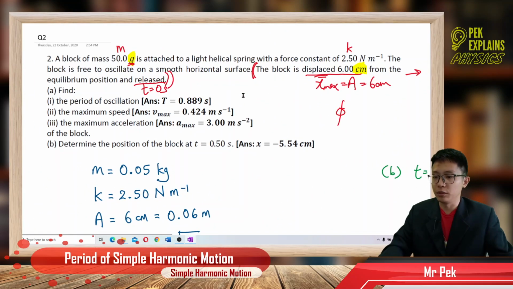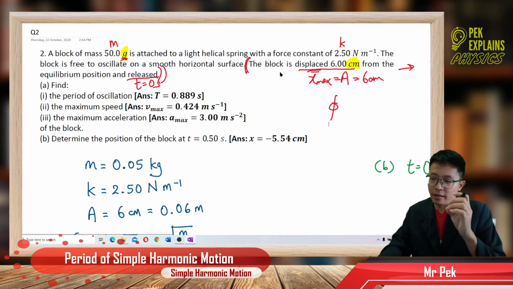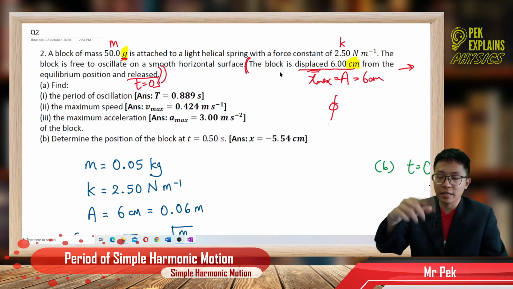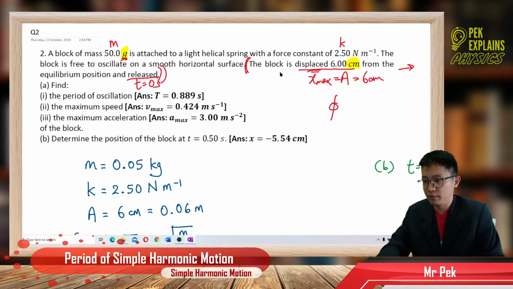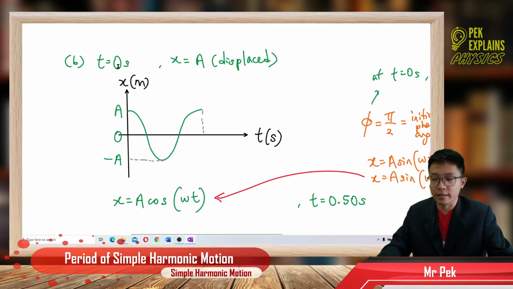It starts from amplitude. At the moment it release, the system starts to oscillate from the amplitude. I already written here. So at 0 second, the displacement is at amplitude. The system does not start from the 0 displacement. It starts from the amplitude.